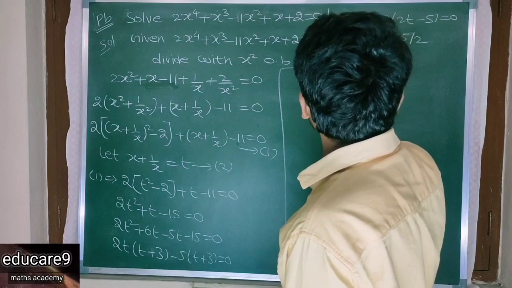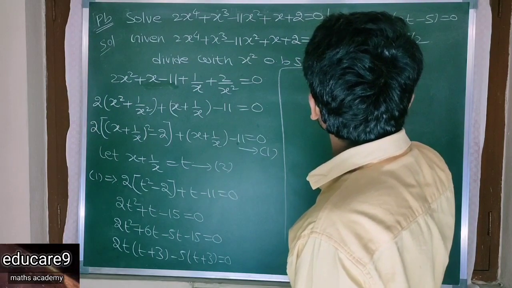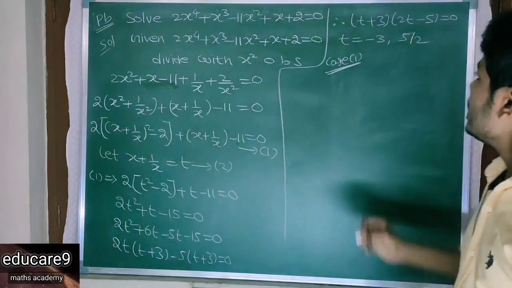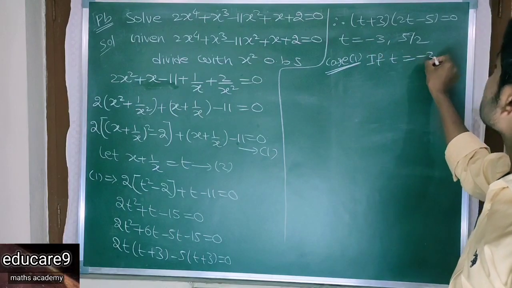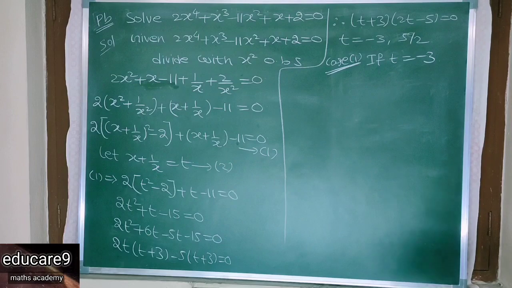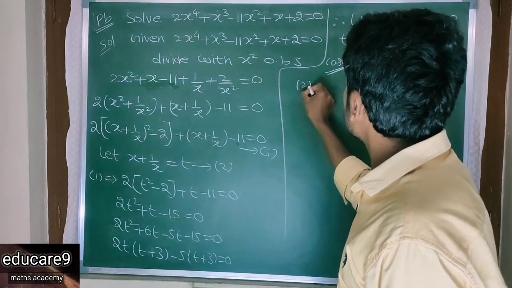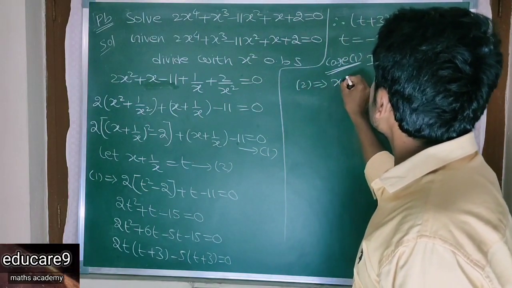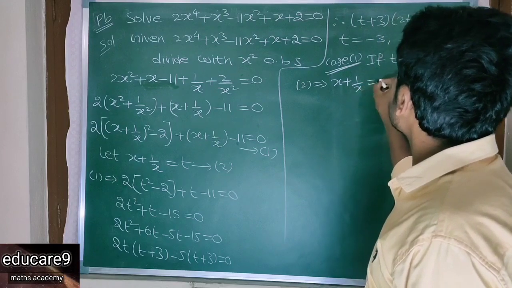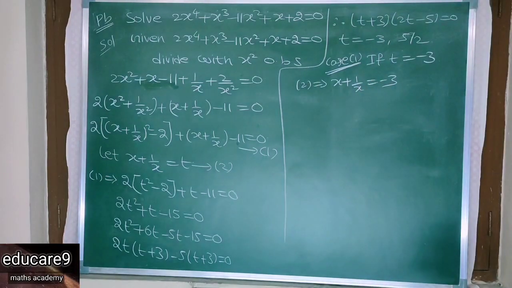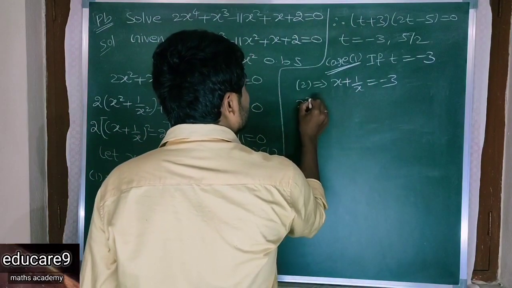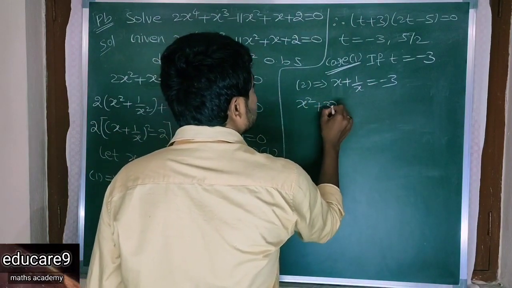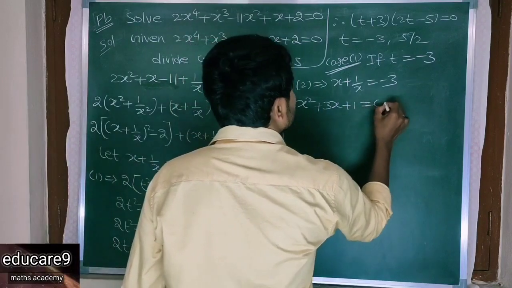So first case, if t is equal to minus 3, then equation 2 implies x plus 1 by x is equal to minus 3. So from this you can write x square plus 3x plus 1 is equal to 0.